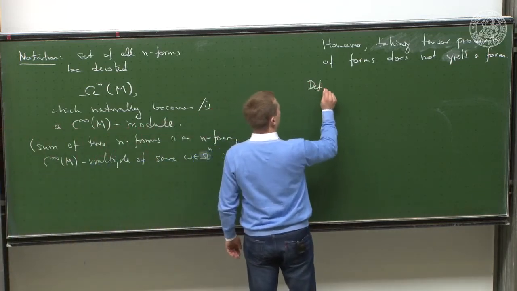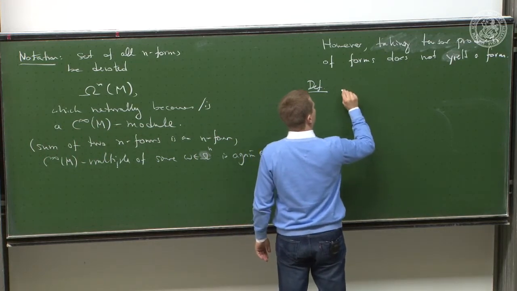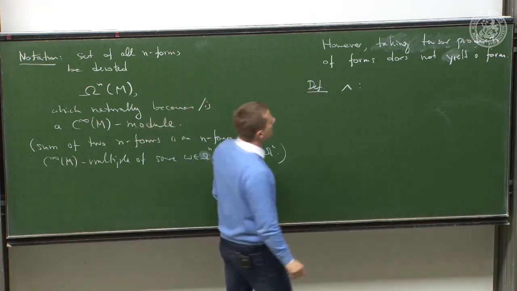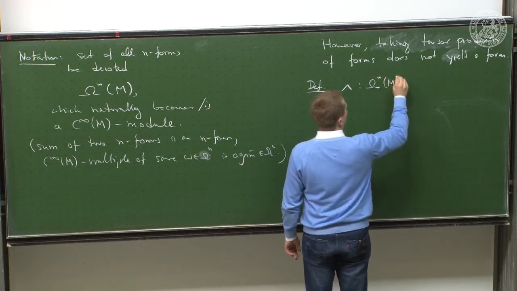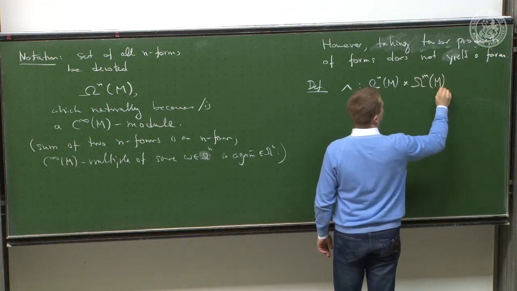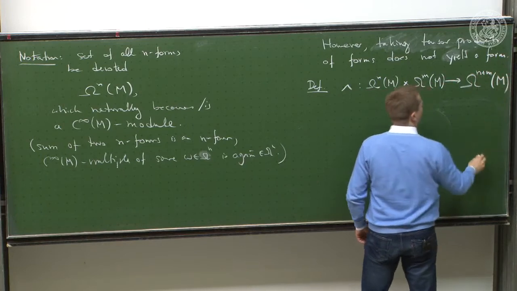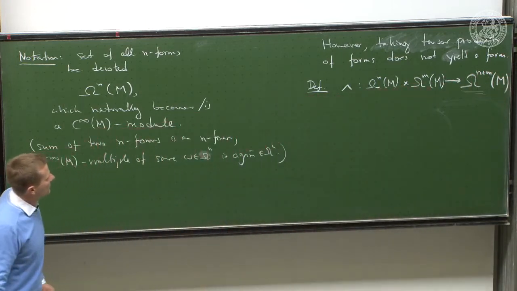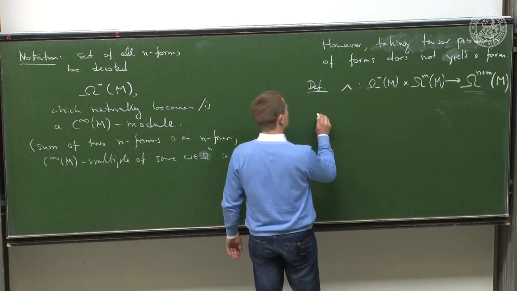And so we define a wedge product, you probably saw this before somewhere, a wedge product that eats an n-form and an m-form, and it produces an (n+m)-form, and the important thing is it's antisymmetric again, and we of course need to make sure it is, and we do this as follows.